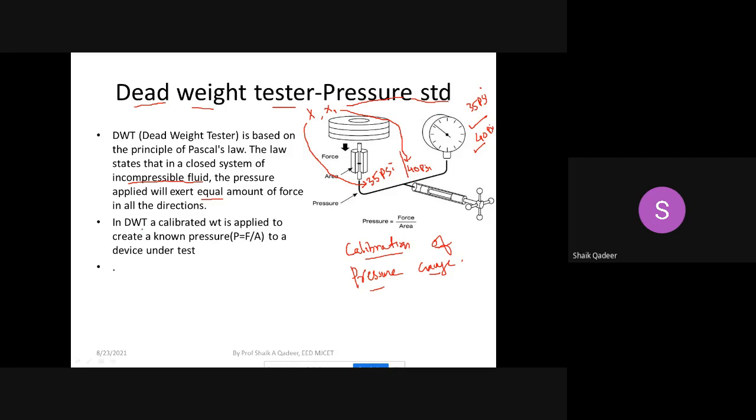So the deadweight tester is calibrated: a calibrated weight is applied, which I just explained to you, to create pressure using the formula pressure is equal to force per unit area, on a device under test. Hope it is clear to everybody.